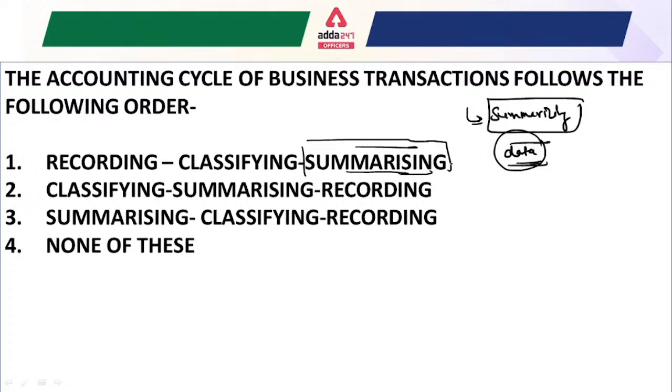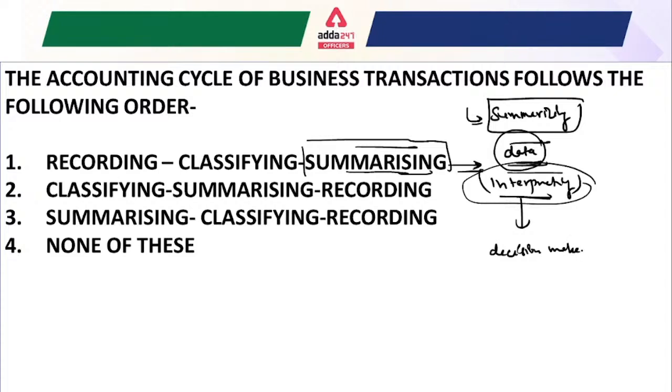After that another phase is the interpreting phase. What do we understand by this phase? The interpreting phase is concerned with analyzing financial data, and it is a critical tool for decision making. So this is called the decision-making phase.